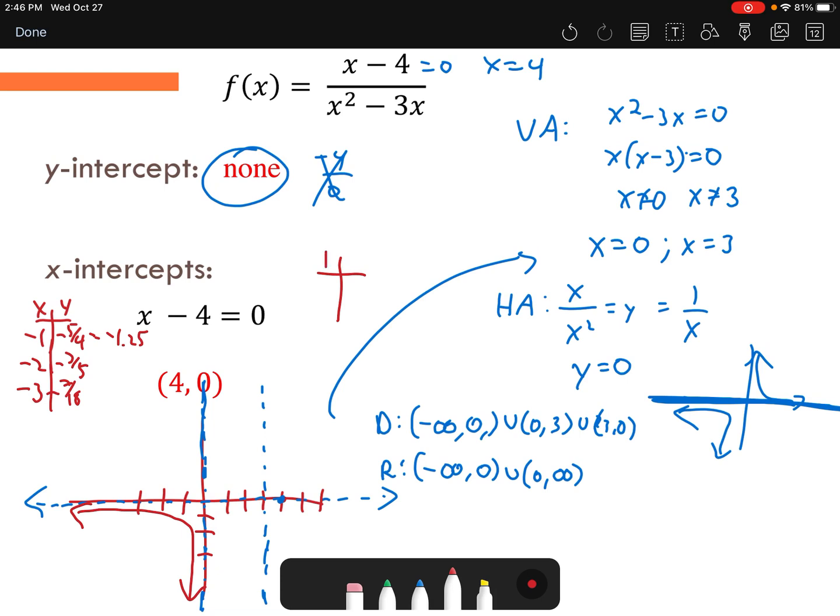Now between 0 and 3, that's going to be interesting. So let's try 1. 1 minus 4 is negative 3. 1 minus 3 is negative 2. So that'd be negative 1.5. Put 2 in there. 2 minus 4 is negative 2 over, can't do this in my head, 4 minus 6, negative 2.